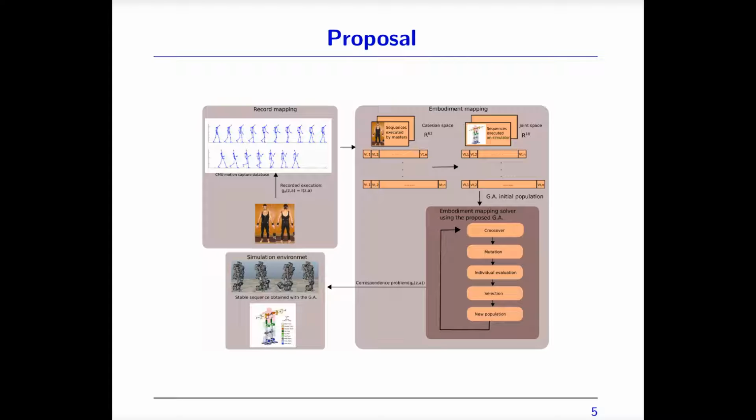In this picture, we show the proposed solution, where the biped walk is used as the motion task to be learned. A learning by demonstration multi-instructor approach has been used with the aim of generating diversity, allowing the trainee to reduce the solution search space.